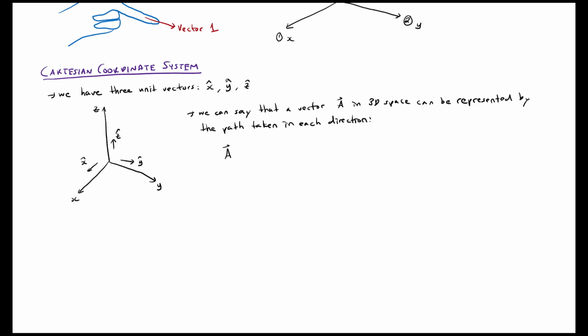So A would be equal to, as an example, A_x, so that's the number of unit steps that are taken in the x direction, then the number of steps taken in the y direction, A_y, and then the number of steps taken in the z direction, A_z.